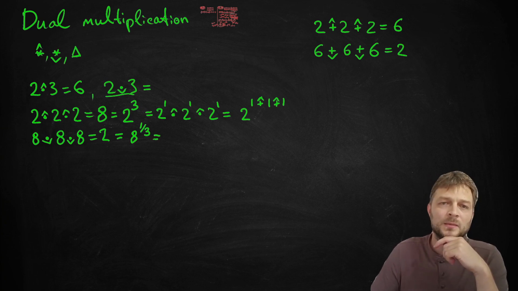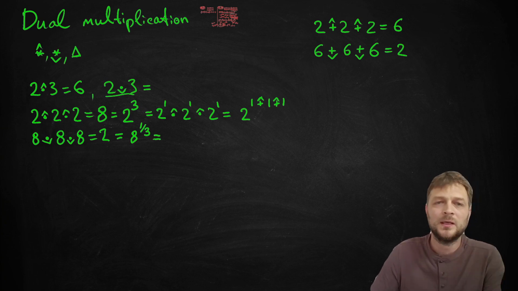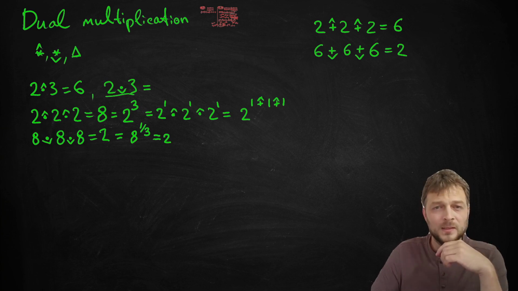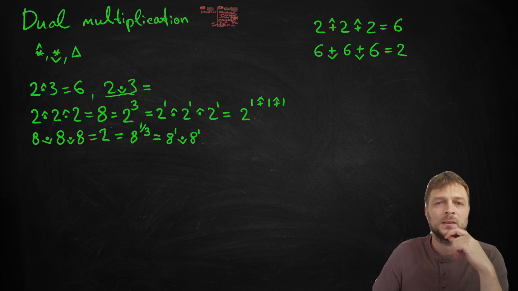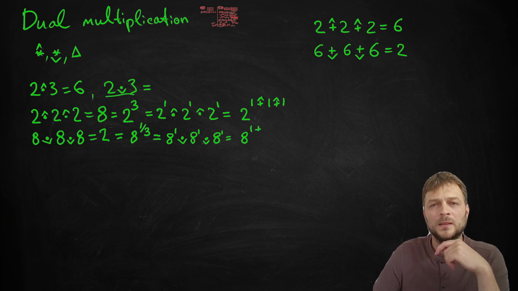Here on the bottom we can write that 8, sorry, I need 8 to the power 1 multiplied by 8 to the power 1 multiplied by 8 to the power 1. This is equal to 8 to the power 1. Here we will use the dual addition operation.